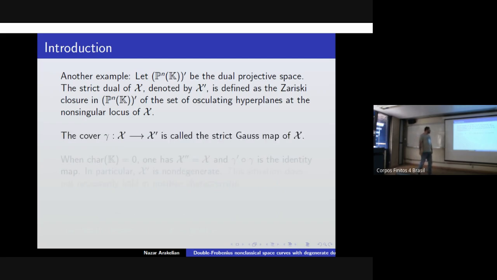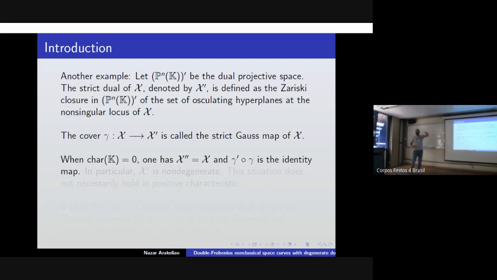And the map that sends points of X to the dual curve, actually you can extend this process to a morphism, and this is called the strict Gauss map. In this talk I will say only Gauss map. Okay, I will drop this word strict, but in this talk Gauss map sends points to osculating hyperplanes. Sorry. And when the characteristic of the ground field is zero, then you have this bidual phenomenon.